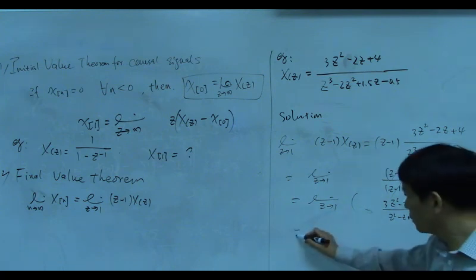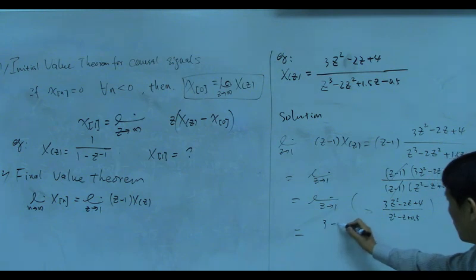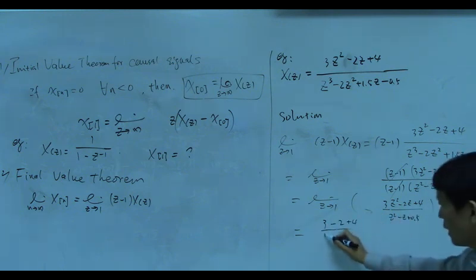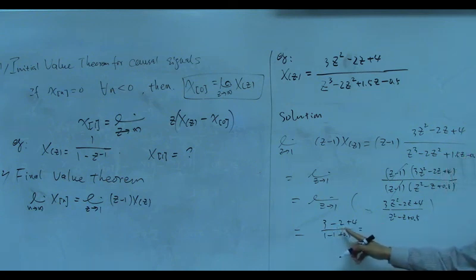On the top that is 3 minus 2 plus 4, and on the bottom that is 1 minus 1 plus 0.5. So 3 minus 2 equals 1, 1 plus 4 equals 5. On the bottom 0.5, so that equals 10. That's it.